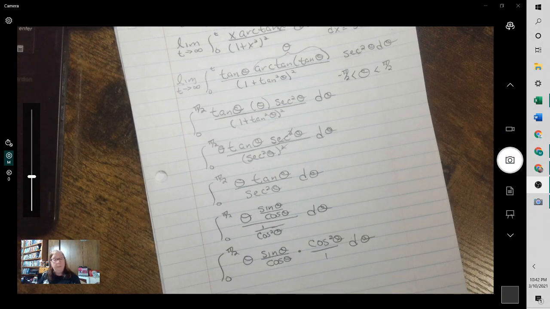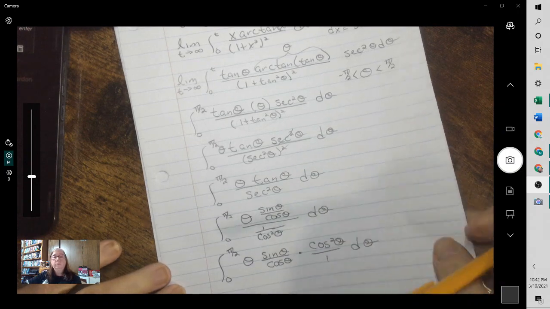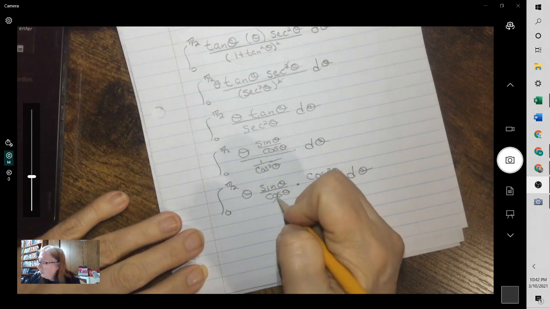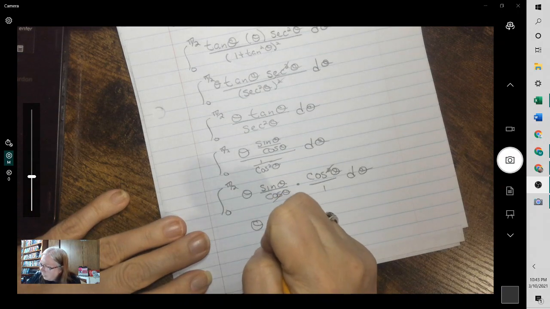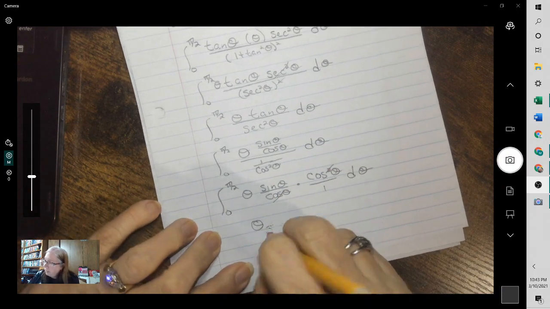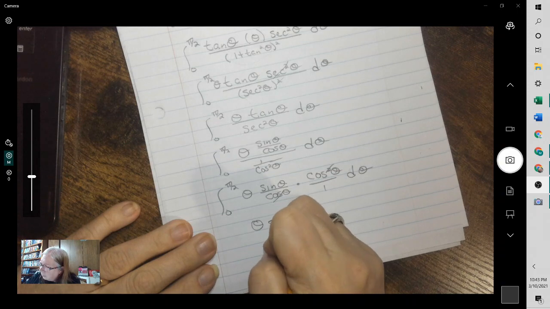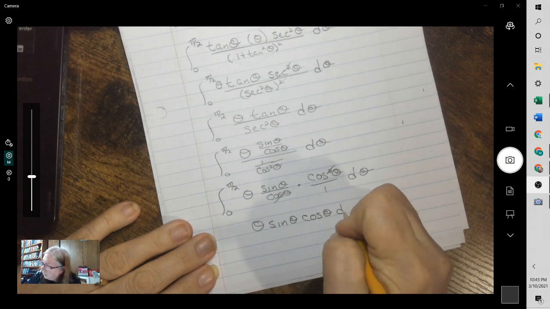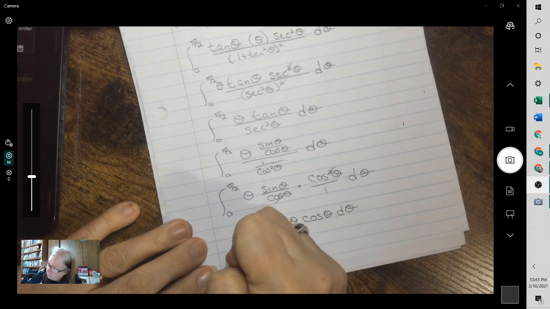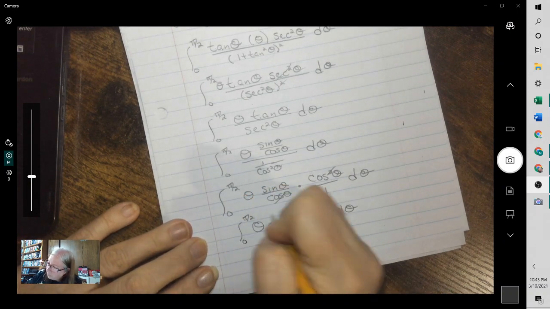We can simplify some more. So this cosine will cancel with one of those and leave theta, sine theta cosine theta d theta, still from 0 to pi over 2.